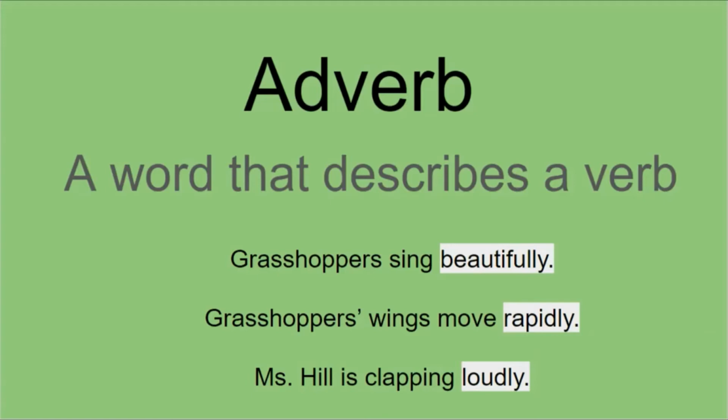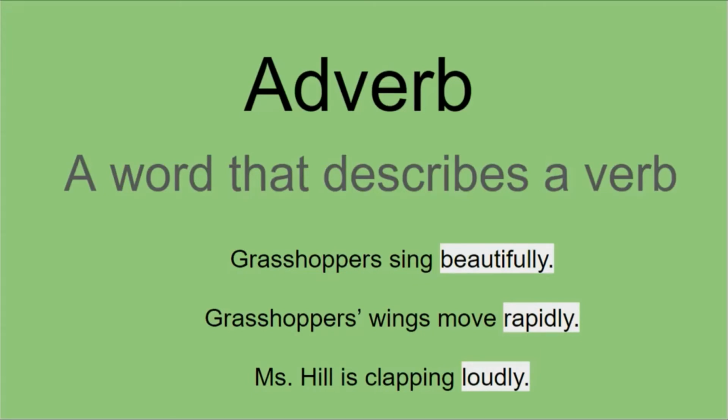In our story, we learned that grasshoppers sing. Sing is our verb or action word. If we want to describe how the grasshoppers sing, we would add an adverb to our sentence. We could say that the grasshoppers sing loudly, or that grasshoppers sing softly, or even that grasshoppers sing beautifully.